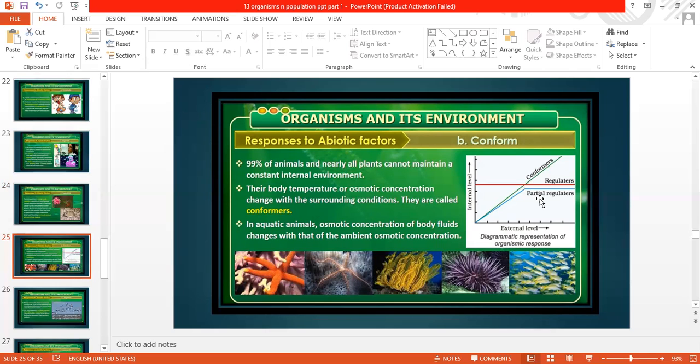Some species have evolved the ability to regulate, but only over a limited range of environmental conditions, beyond which they simply conform. You can see over here, beyond it is only conforming. So they are partial regulators.